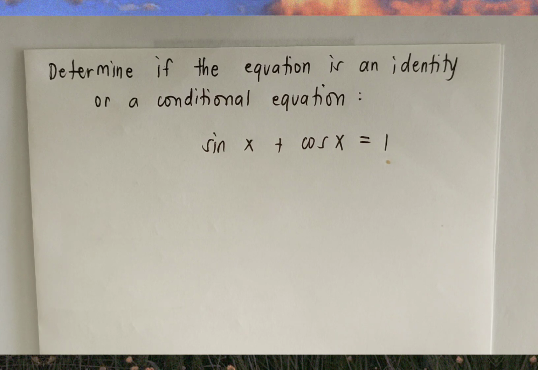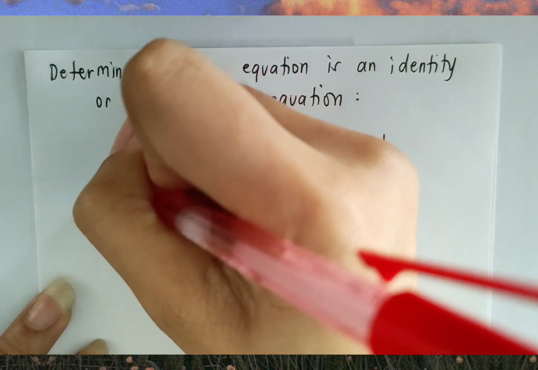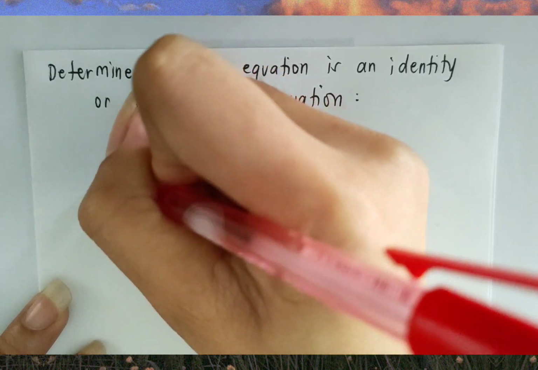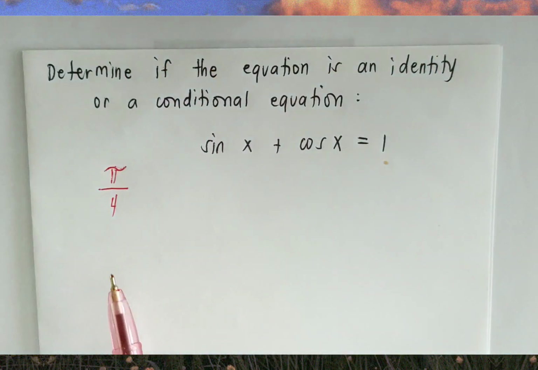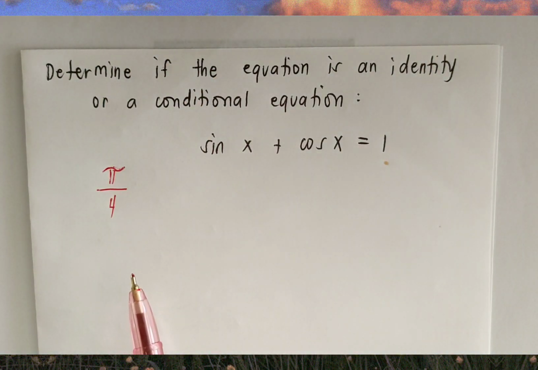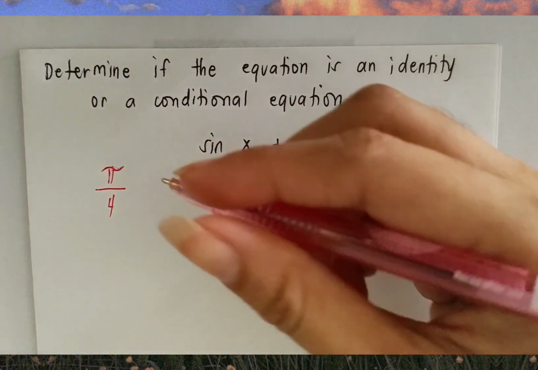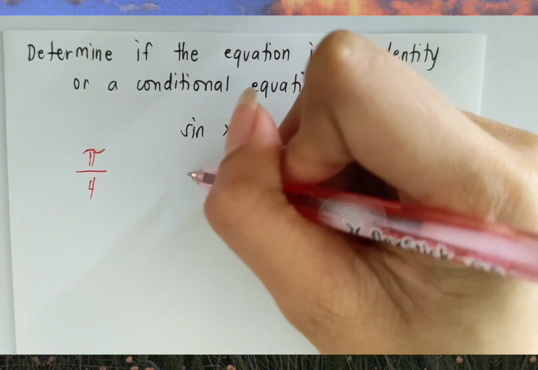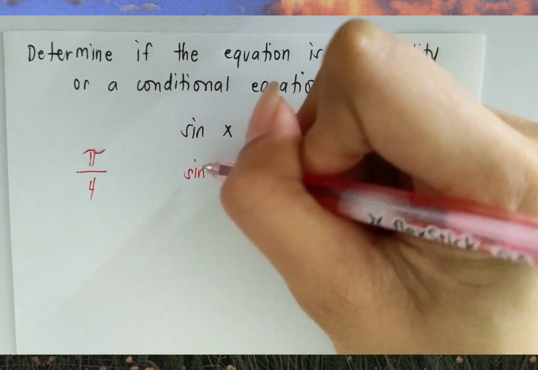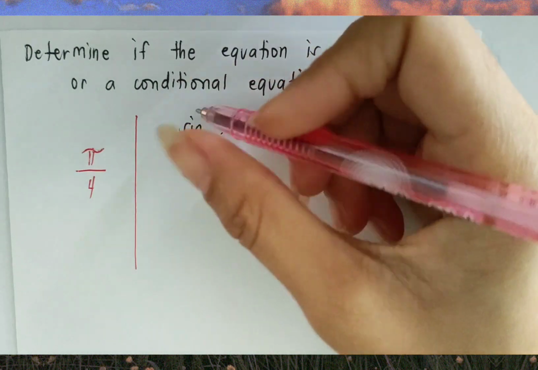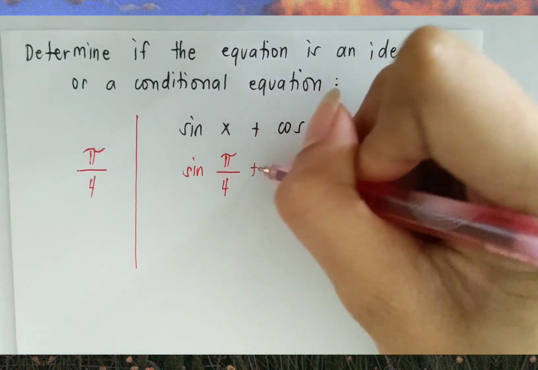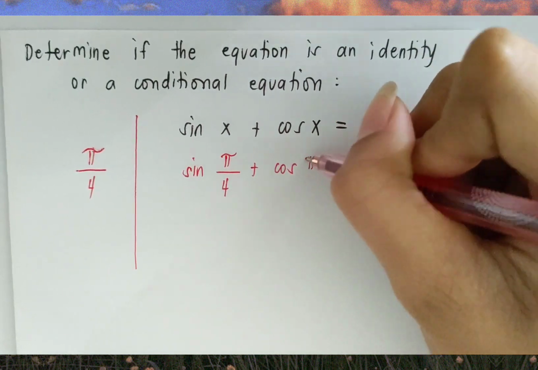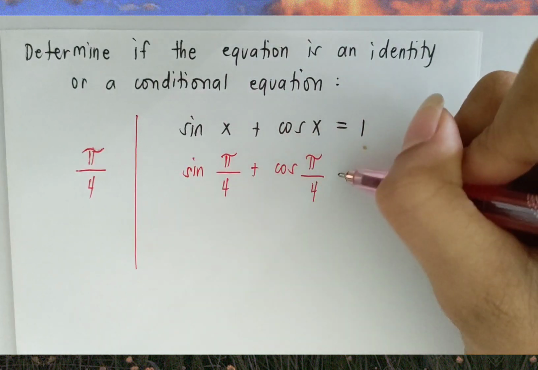So we substitute any real number, let's say pi over 4, in the equation. Again, we will substitute this real number in our equation. So we have sine pi over 4 plus cosine pi over 4.